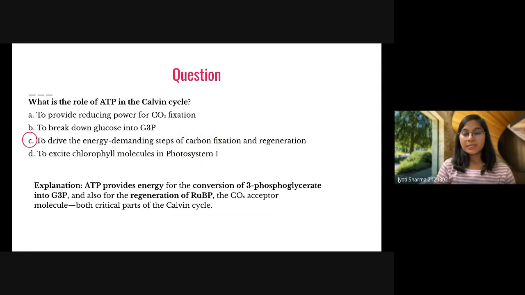So that's why C is the right answer. ATP provides energy for the conversion of 3-phosphoglycerate into G3P, and also for the regeneration of Rubisco and the CO2 acceptor molecule, both critical parts of the Calvin cycle.